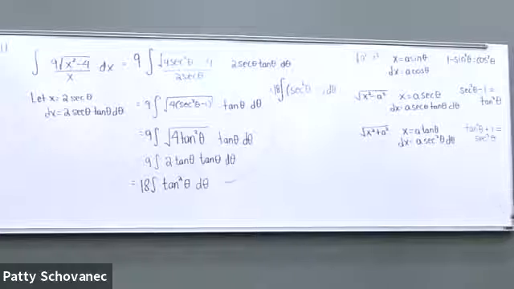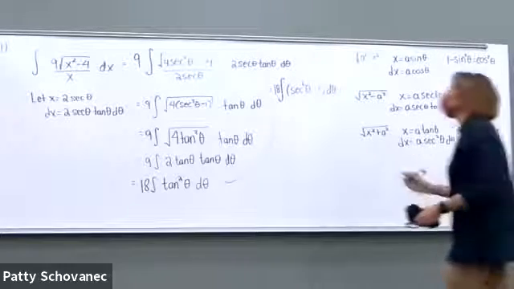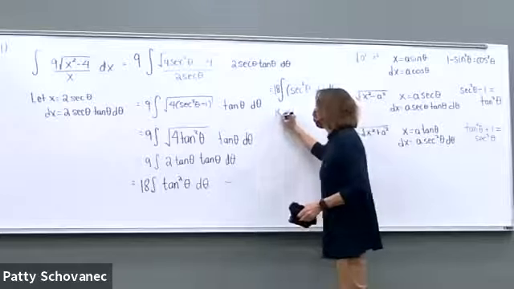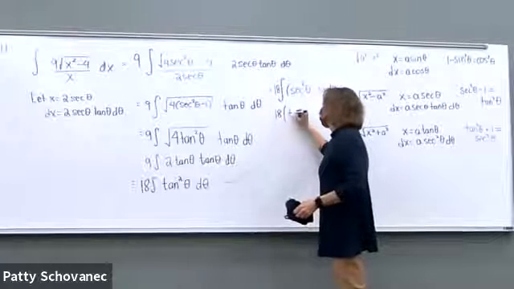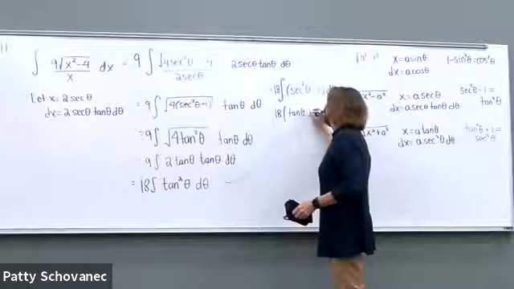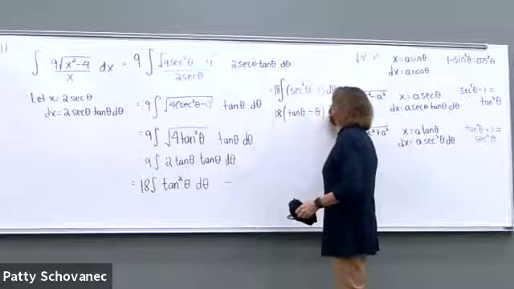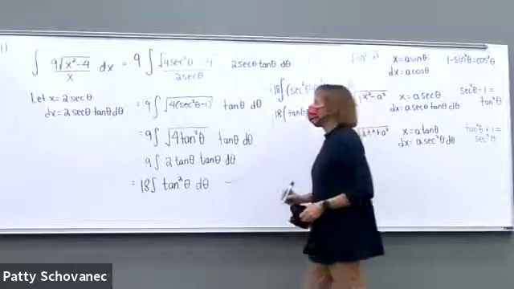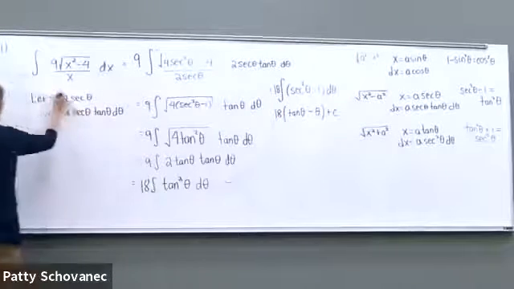All right, so the integral of secant squared theta was tangent of theta. The integral of 1 is just theta. So now our antiderivative is in terms of theta. We need to get it in terms of x. So we go back here.